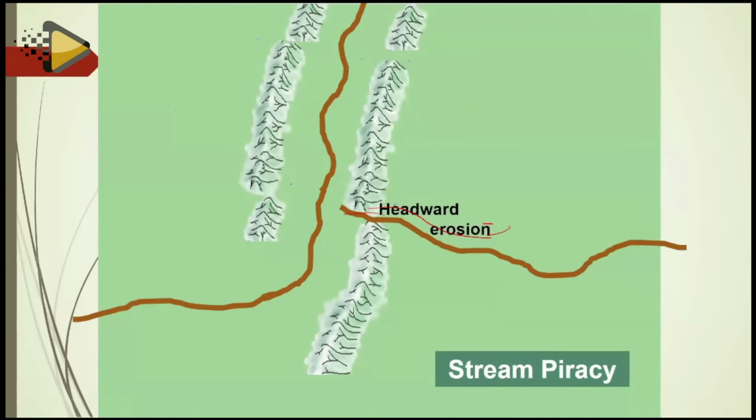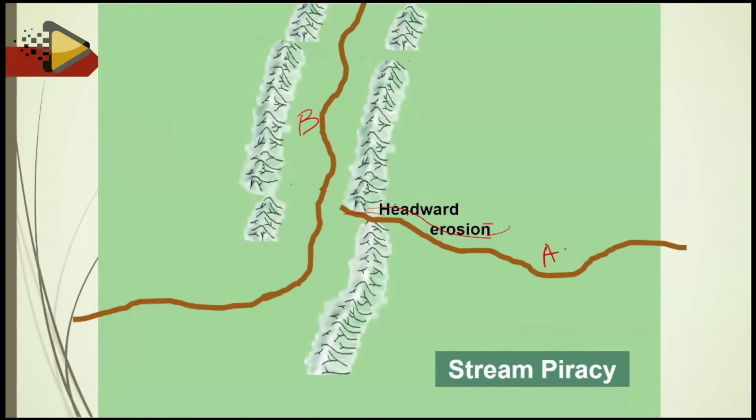Now, as you can see, this river A is flowing on a steeper gradient, and river B is flowing on a gentle gradient. Because river A is on a steeper gradient, it does headward erosion, lowering and removing the watershed.